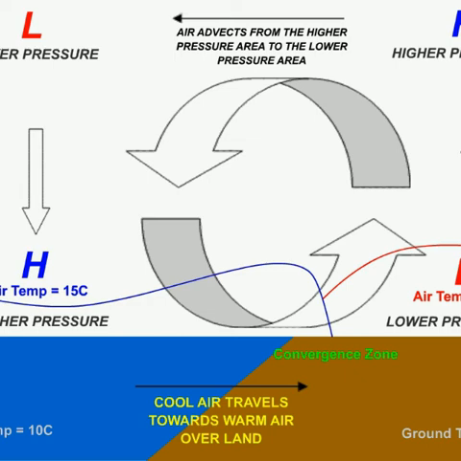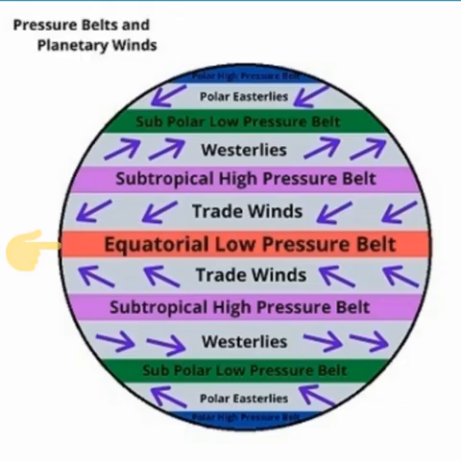It expands, becomes lighter and moves towards the sky. This process goes on continuously, and so a low pressure belt is formed in the central part of this region, that is between the parallels 5 degree north and 5 degree south.